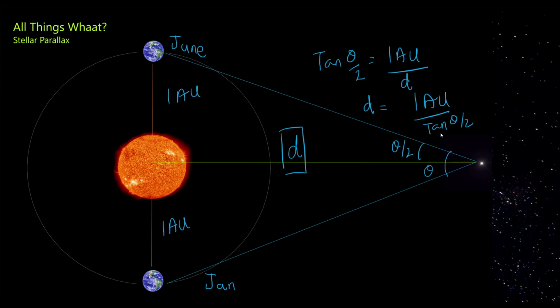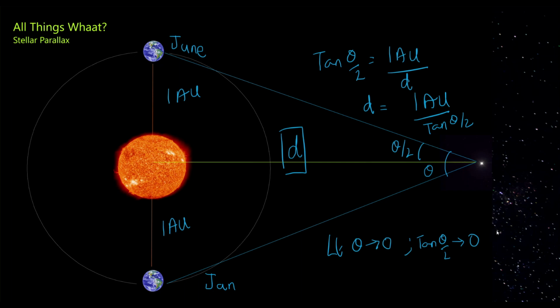Now there's a limit to how well this method works to measure the distance of the object. As the object is further and further away from us, the parallax angle becomes extremely difficult to discern. So you can imagine if theta tends to 0, in that case tan of theta by 2 will also tend to 0.